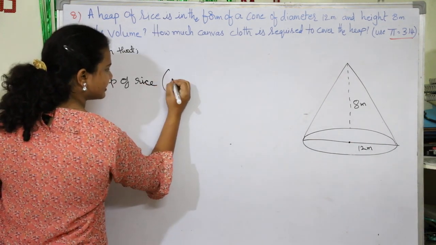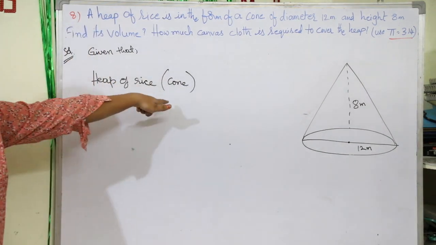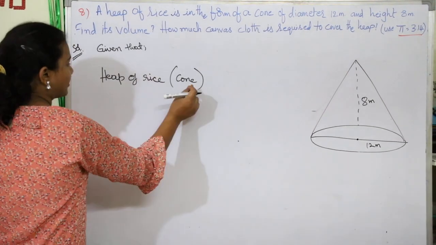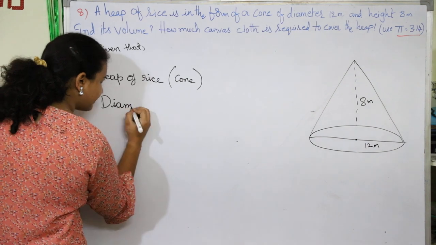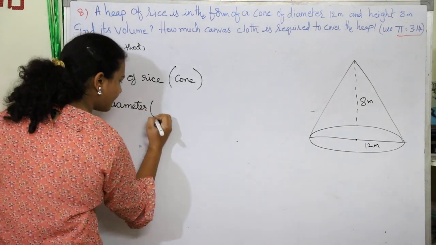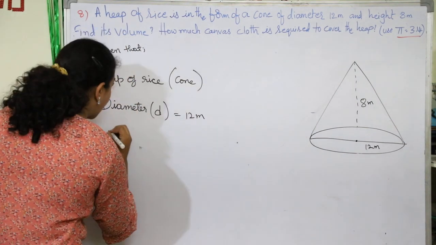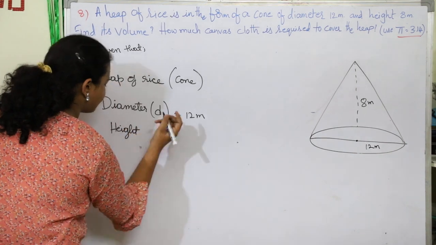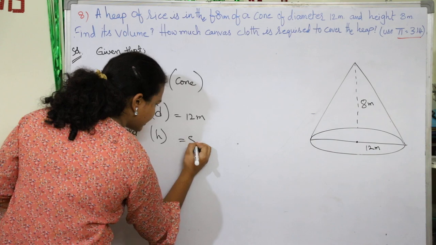Just consider this heap of rice is in a conical shape, and diameter of this cone, we represent diameter with D, so the diameter equals 12 meters and height of this conical structure is 8 meter.